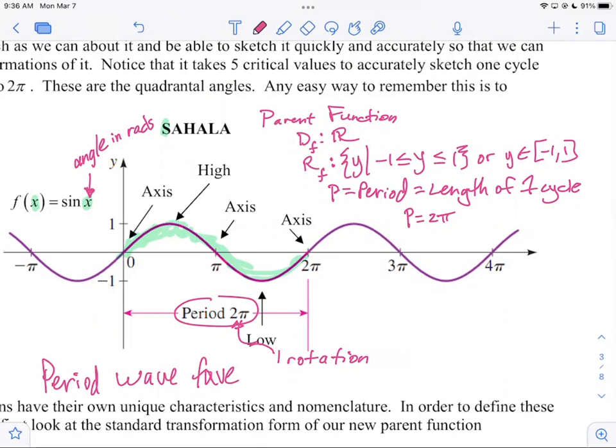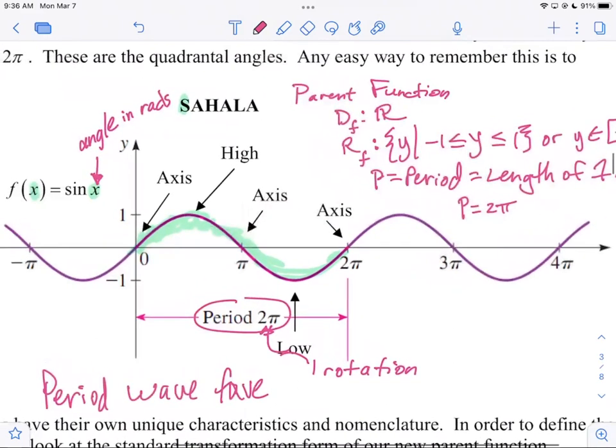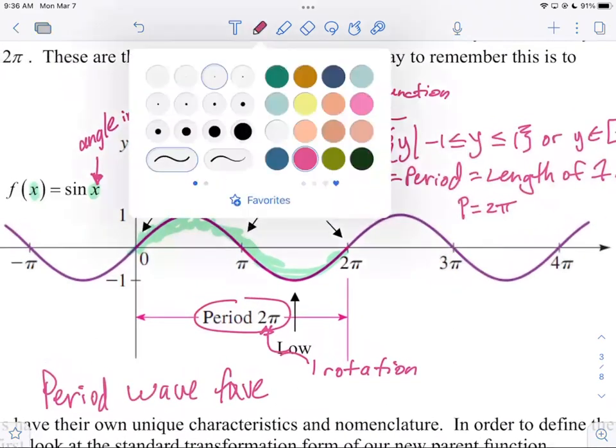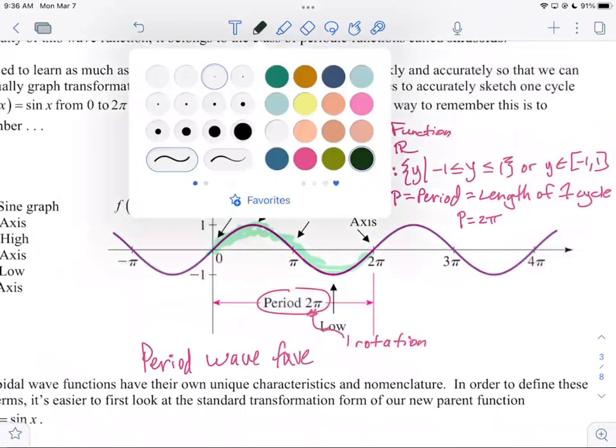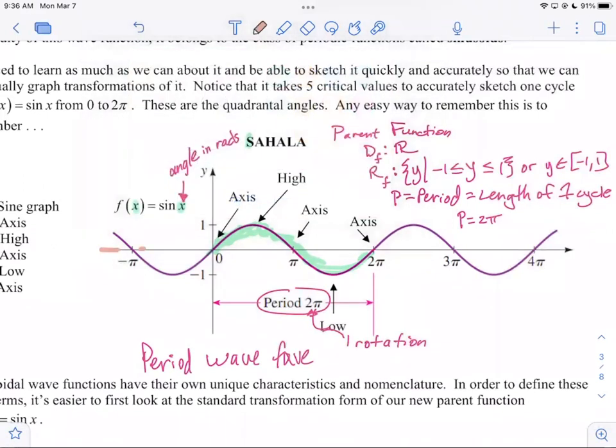Now, because it's a wave function, we can start talking about some nomenclature from your science class. The line that goes through the center horizontally, here it's the x-axis, but it's not always the x-axis.